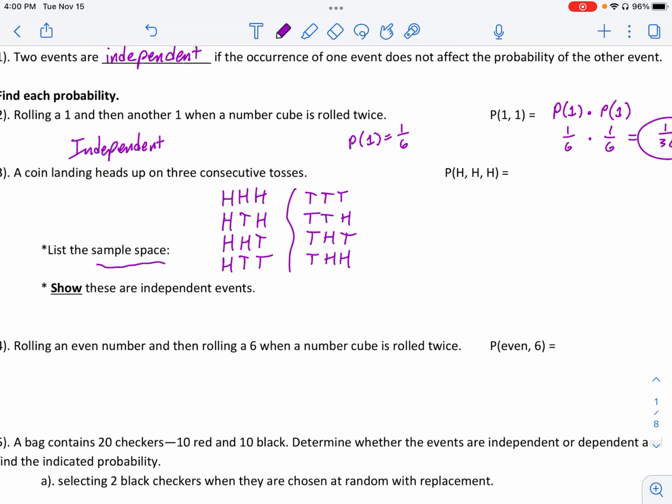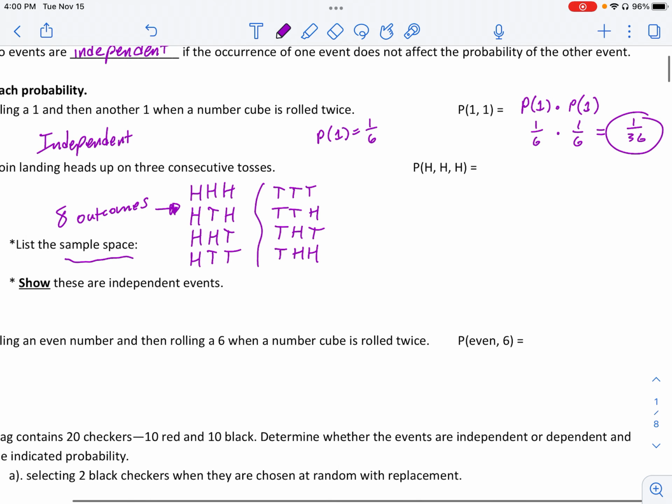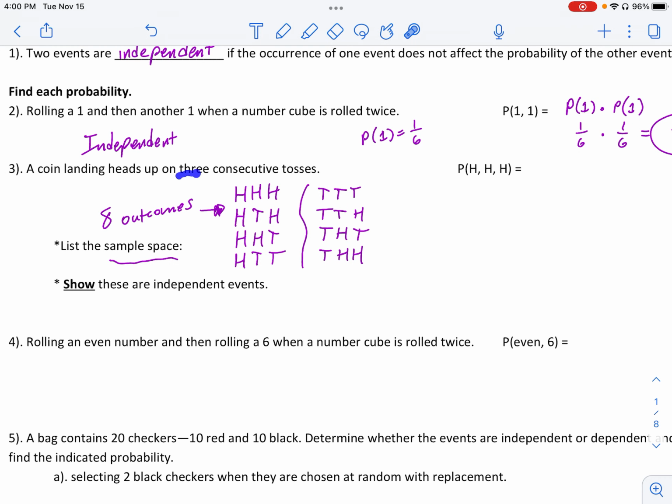So there are 8 different outcomes in the sample space. You can look at that closer, but there is no other way. So what's the probability of getting 3 consecutive heads? Well, there's 8 total ways, and only one of them is all 3 heads. So my answer is going to be 1/8.